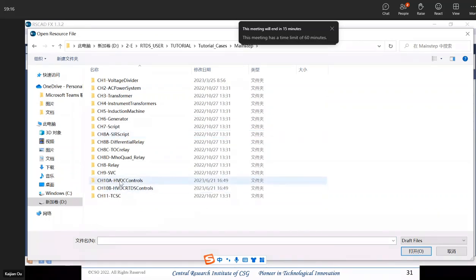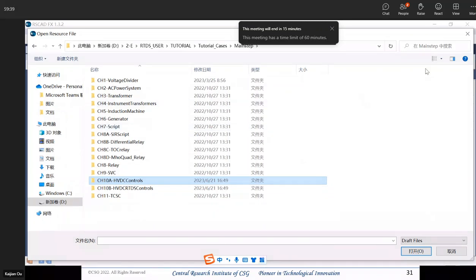Here, this is the HVDC controller. This one is the HVDC RTDS control. This is for physical control because RTDS can connect to the physical control and protection system.